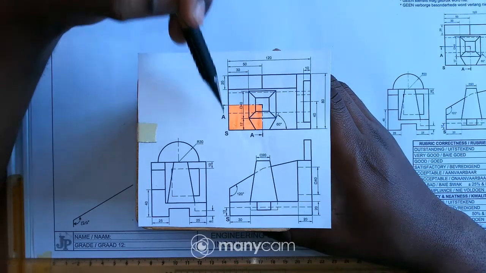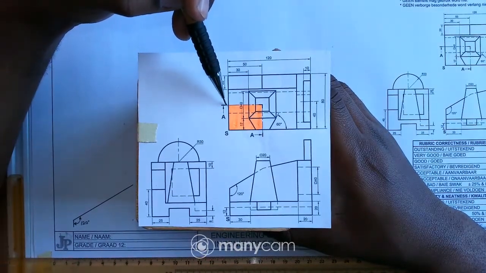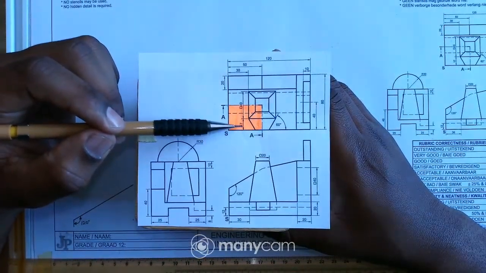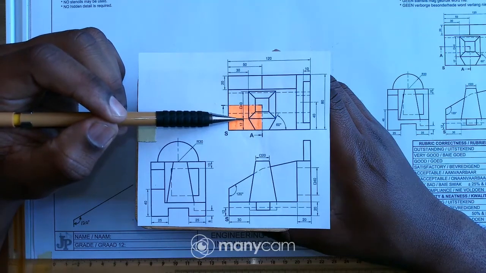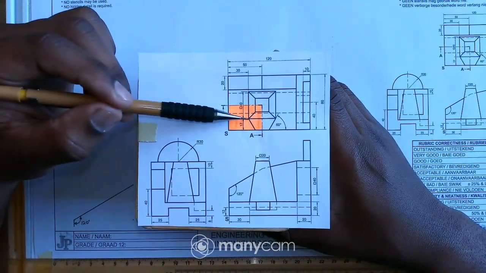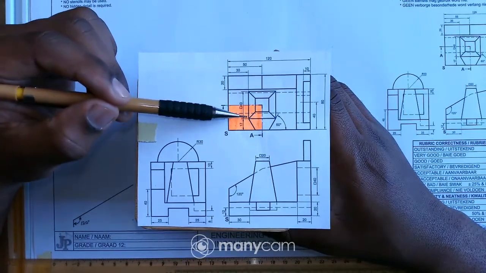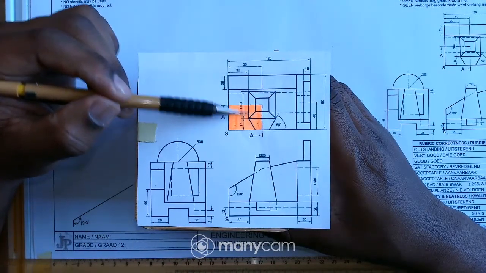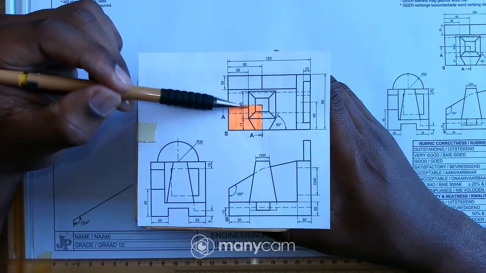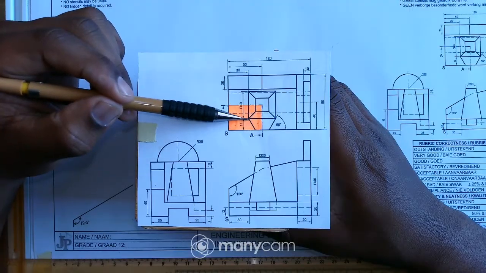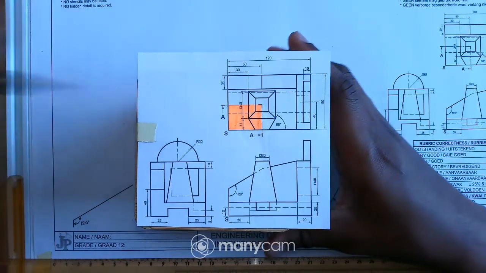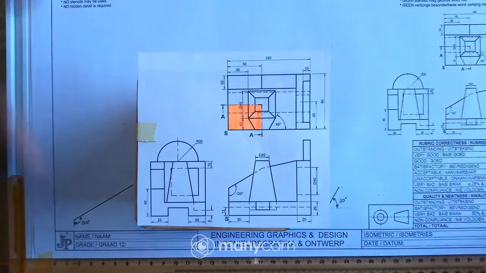From here to there, it's not half of 80, but if you check this measurement here, from here to there is 17, and for this square here we are given that from here to there it's 40. So obviously the cutting plane is in the middle there, so I'll add this 20 plus that 17, so the answer is 37.